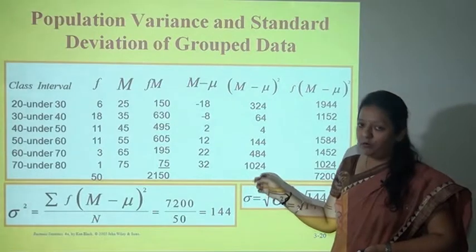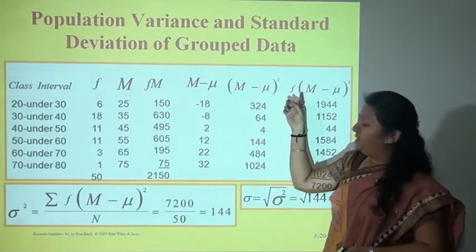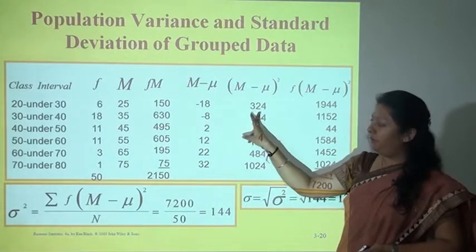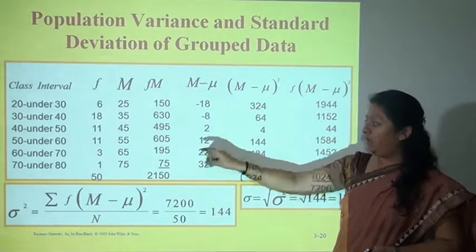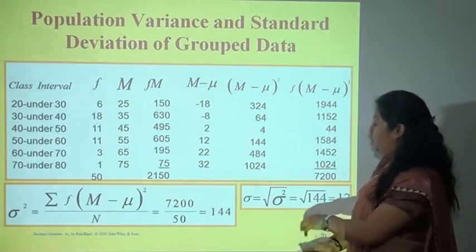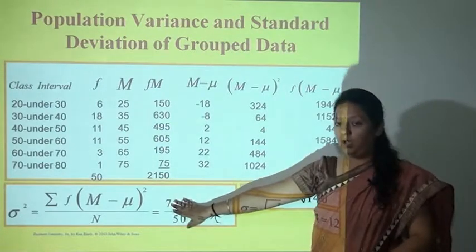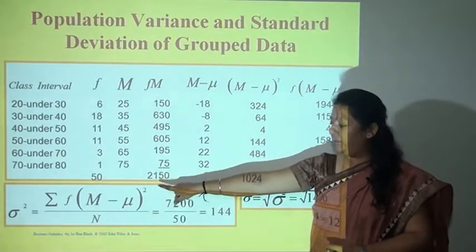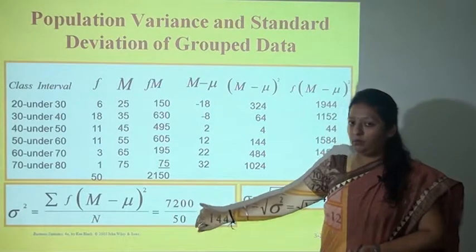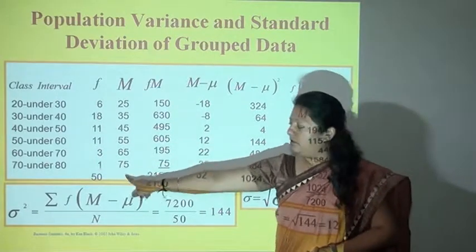Now we multiply these again with f: 6 into 324, 18 into 64, 11 into 4, 11 into 144. We get these values, and the total is 7200. We put this into the formula, sigma f times (m minus mu) whole square divided by capital N, that is 7200 divided by the number of observations, 50.